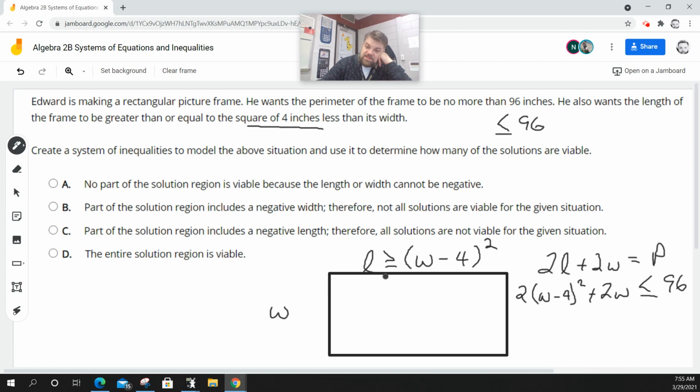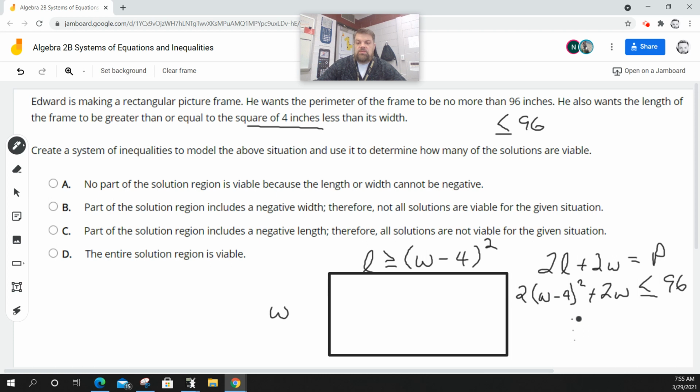But remember that this has to be greater than or equal to. So that comes into effect, but it doesn't really. We could treat this as an equal to with the assumption that it could be less than. In other words, well, there's a contradiction. It's a system of inequalities where there are two equations, all right?